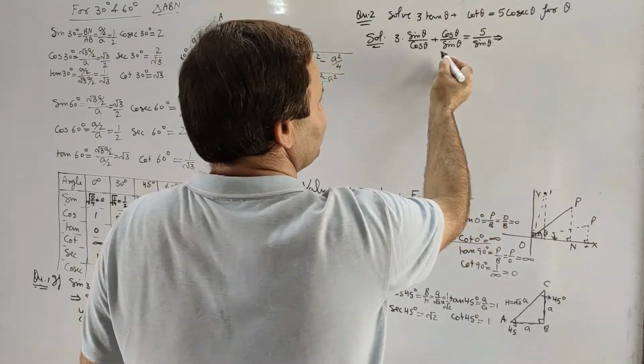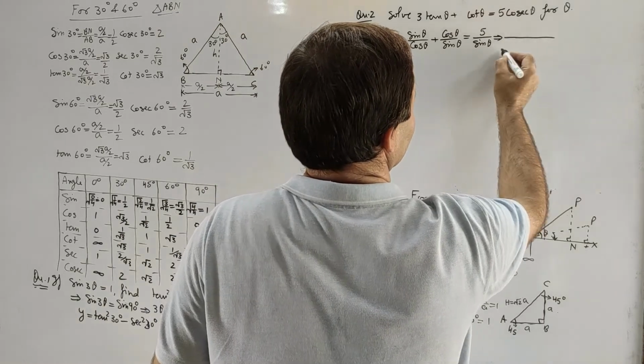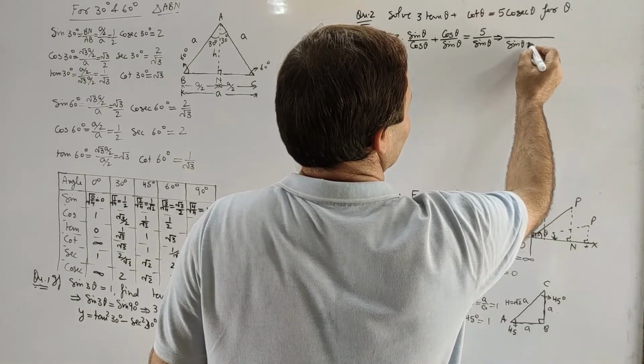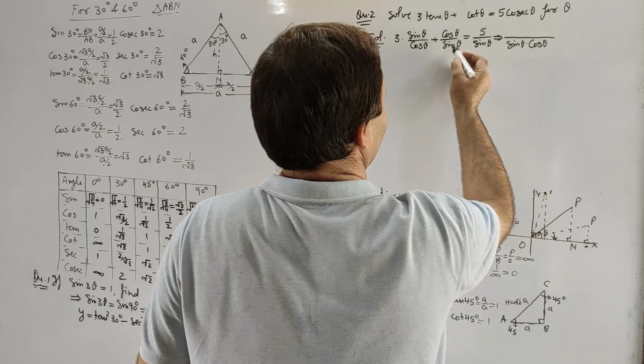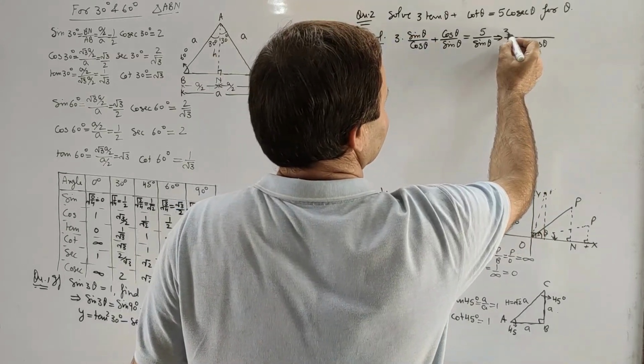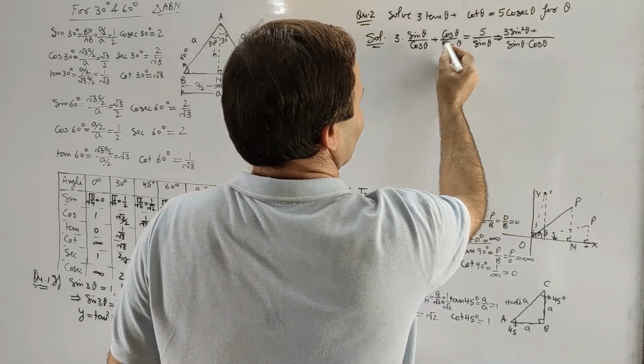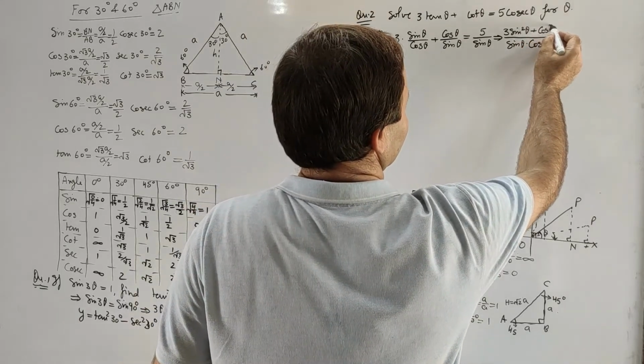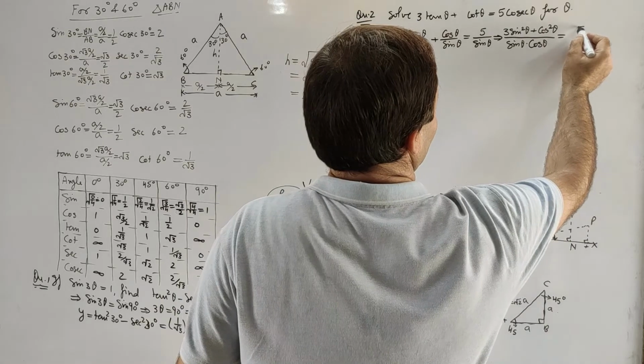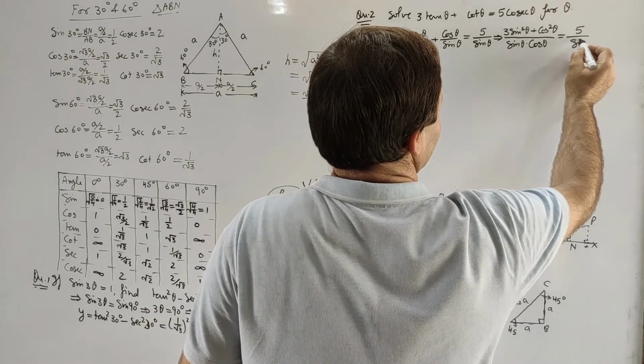And this implies, if you take LCM, it will become sin theta into cos theta, and 3 sin square theta plus cos square theta, equal to 5 upon sin theta.